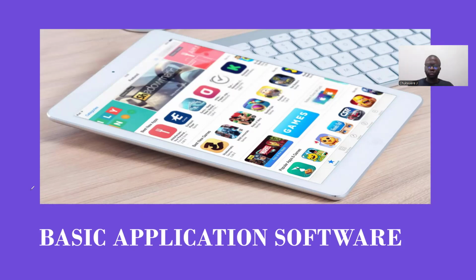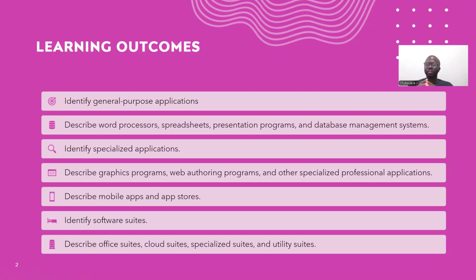Now, in order for you to flow in this lesson and to evaluate yourself at the end of the day, like I said previously, learning outcomes are there for you to judge yourself, to do some kind of introspection on whether you understand the content or not. So use these learning outcomes, learning objectives, as some may call them, to filter your understanding of this particular chapter.